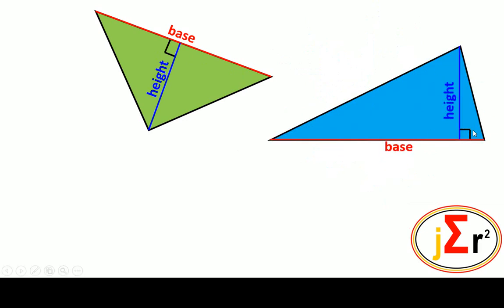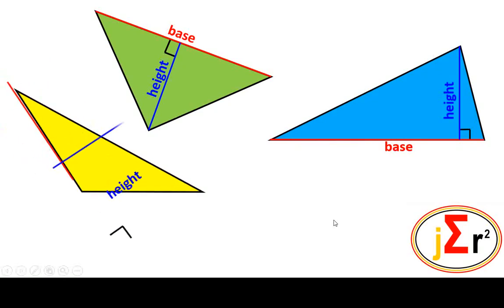Notice on this occasion, the height is close to one end of the base, but it does not matter. As long as it goes from the base to the vertex that is opposite to the base and is perpendicular to the base, then that is accurate, and that might be used to find the area of your triangle.